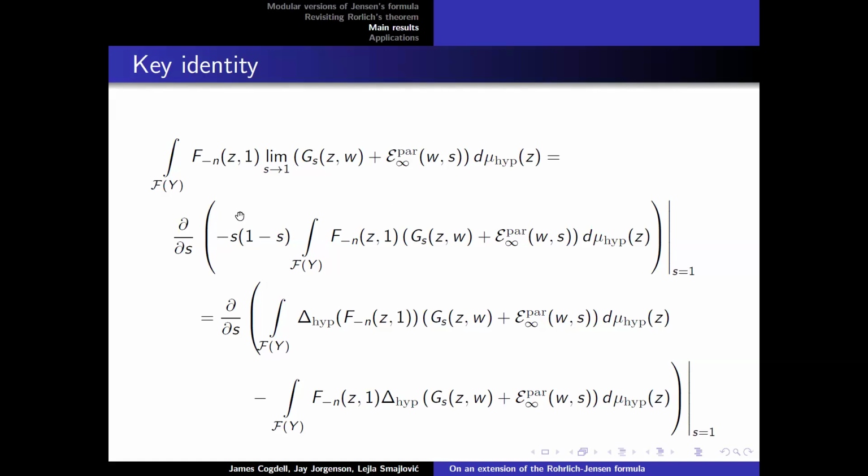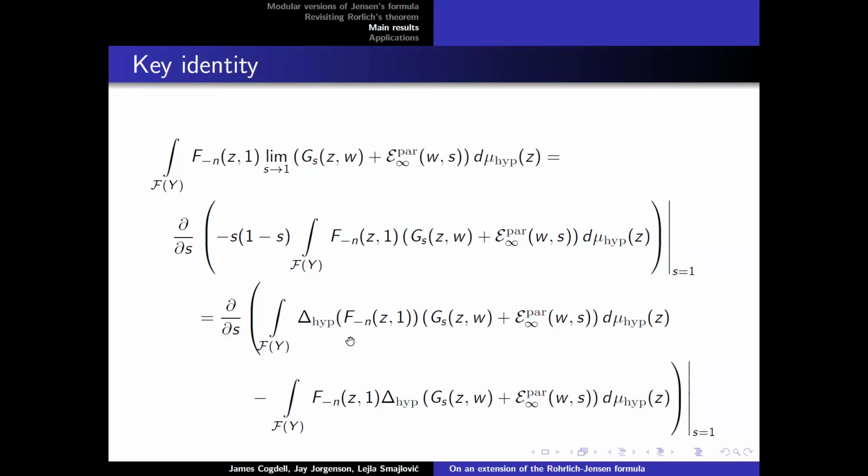And of course, given that s times 1 minus s is the eigenvalue of our Green's function and f minus n, then we can write this as, actually, so this term here, the second line, equals the fourth line, and the third line is actually 0.